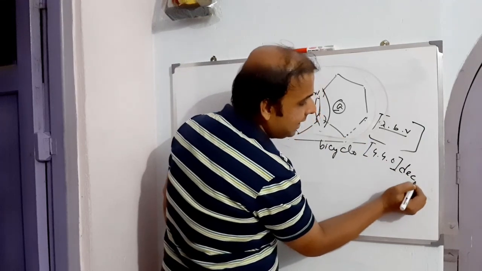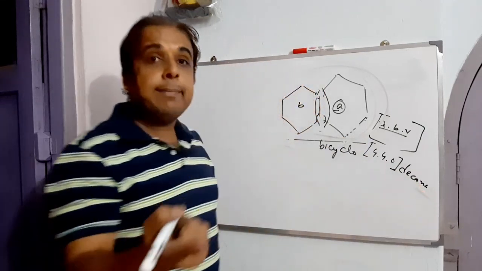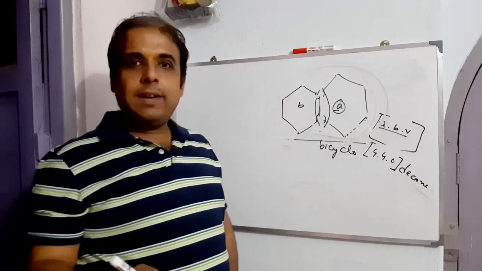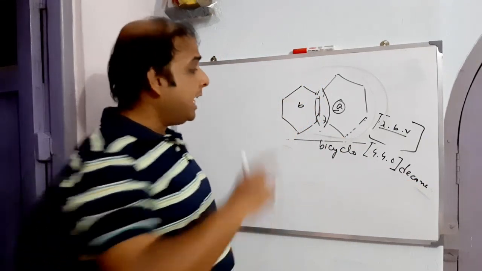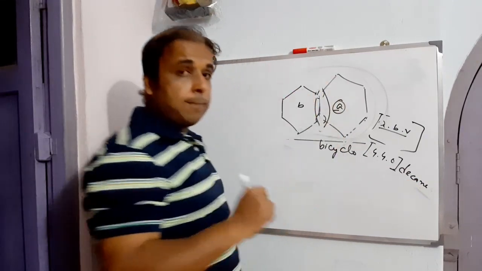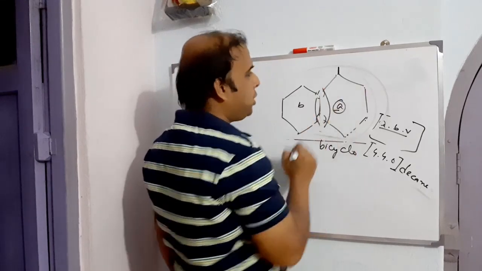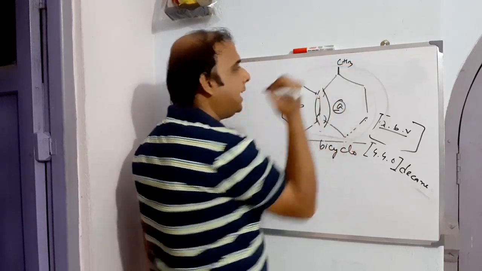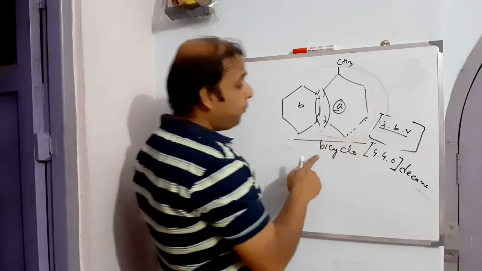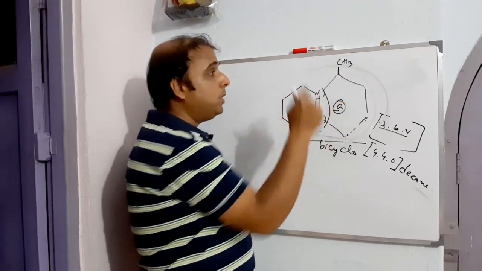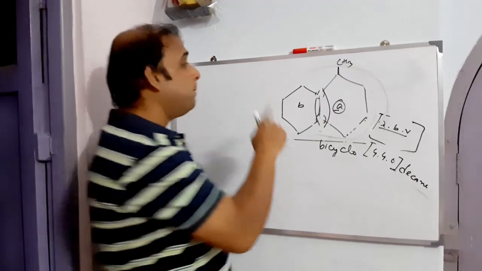So bicyclodecane. If there is any double bond, mention the position of the double bond. If a substituent is there, suppose it is at this position and the substituent is methyl, then before putting bicyclo, you have to put the name and the position of the substituent.